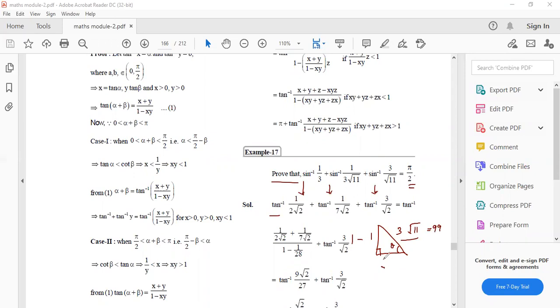So shall I call this root 98? So which is 49 twos, that is nothing but 7 root 2. So sine inverse 1 upon 3 root 11 is tan inverse 1 upon 7 root 2.